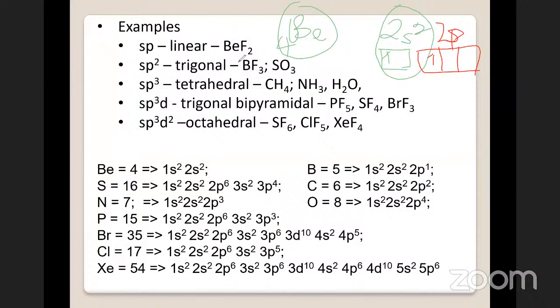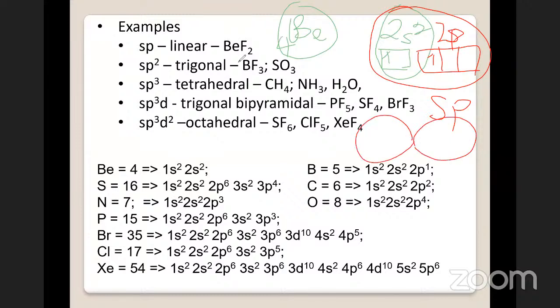Because of that, you will have a hybridization of the two shells to give you an sp hybridization. There are two characters here, the s orbital and the p orbital. The two of them will hybridize together to give you a shell of that. So this is beryllium.